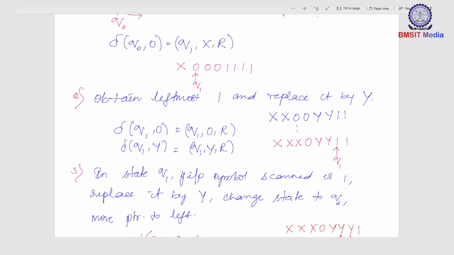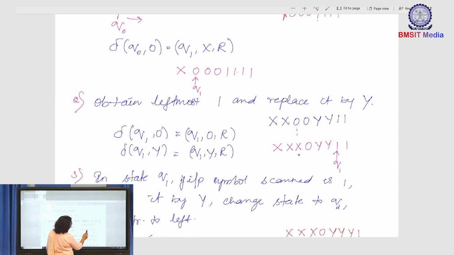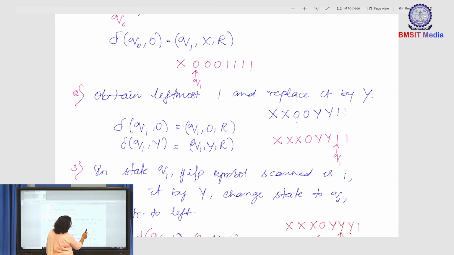So when I do this a couple of times, the input would be like this, x x 0 0, y y 1 1. So if I'm supposed to go find this 0, now I have to do this replacement. So this 0 should be replaced by x. I have done it, the 0 is replaced by x.